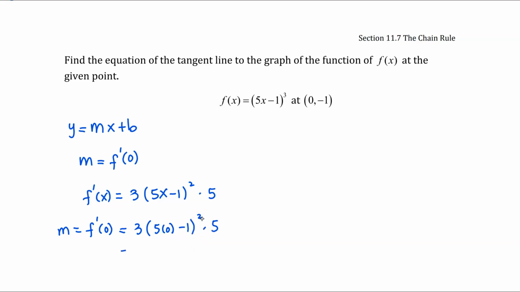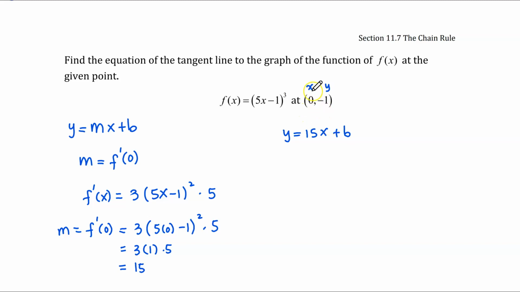So therefore, you have 3 times 1 times 5, and that is equal to 15. So your slope is equal to 15. Therefore, you have y equals 15x plus b. Now, we want to compute for b. We have x here and y.